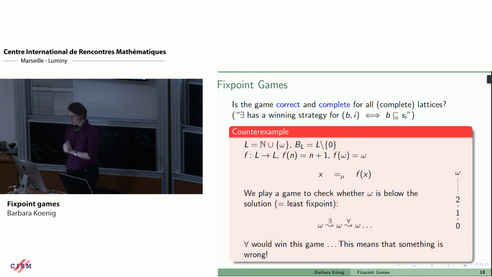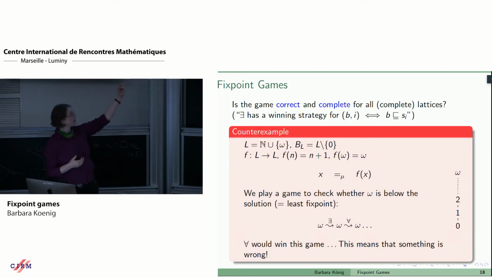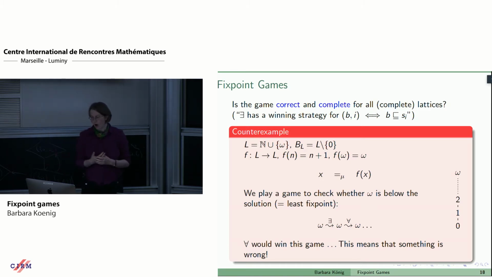So for instance, a lattice where it doesn't work: you take the natural numbers, including infinity. So here on the right-hand side, you have this lattice with infinity on top. And this function is just the increment, and if you increment omega, it's just omega. And then in order to play a game, you check whether omega is below the solution, and omega is below the solution because you take a least fixed point equation, and the least fixed point is omega.